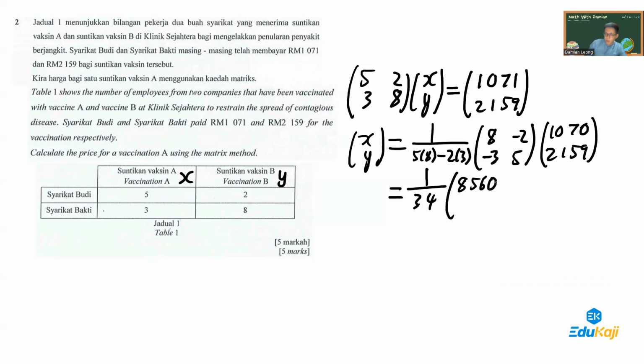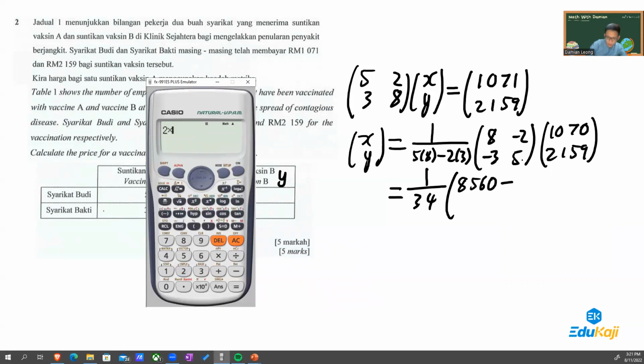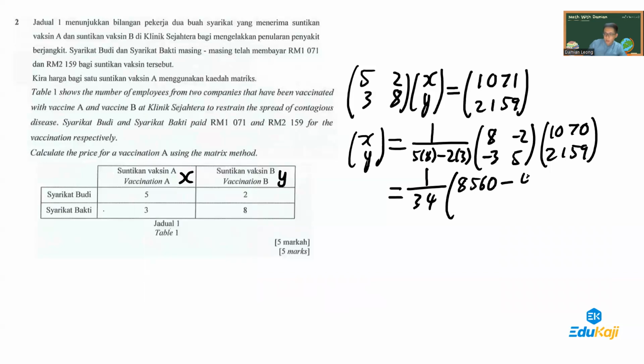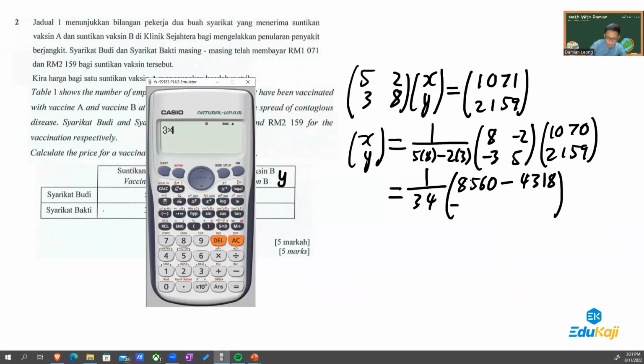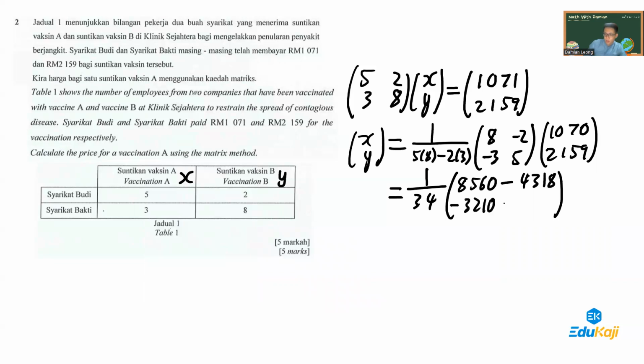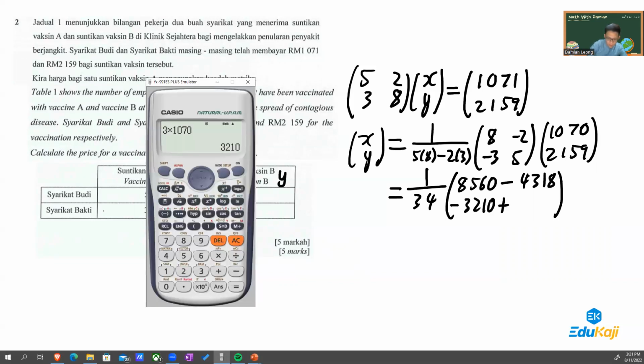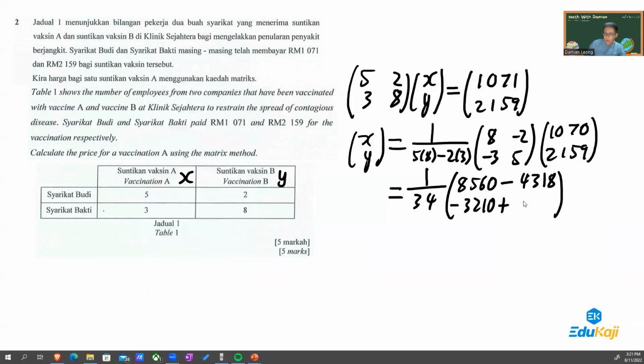Then negative, positive, so minus 2 times 2159, 4318. Then negative 3 times 1070 is negative 3210, and plus 5 times 2159, 10,795.